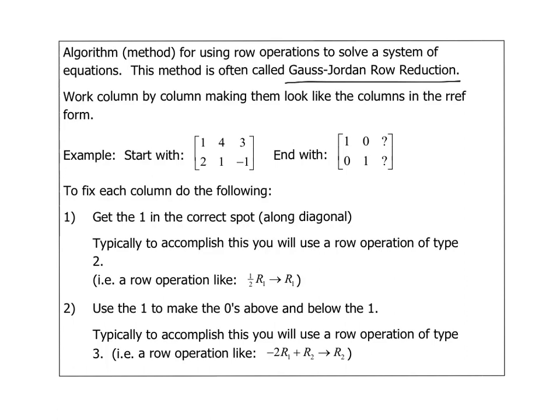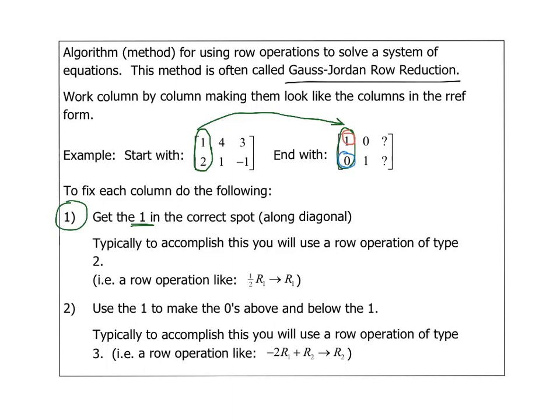We're going to start by looking at column 1, and we're going to try to make it look like this. And the way we're going to do that is first we're going to get the 1 that is right here, and then we're going to use that 1 to get the 0.